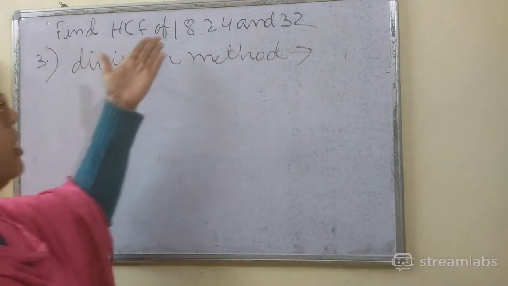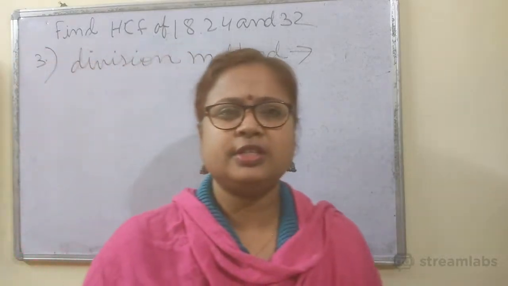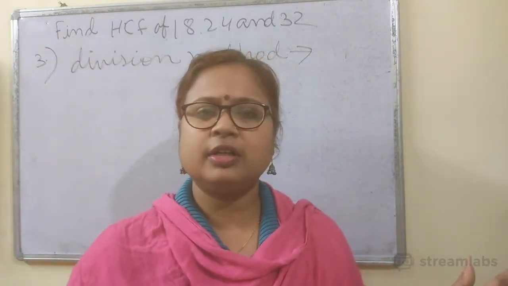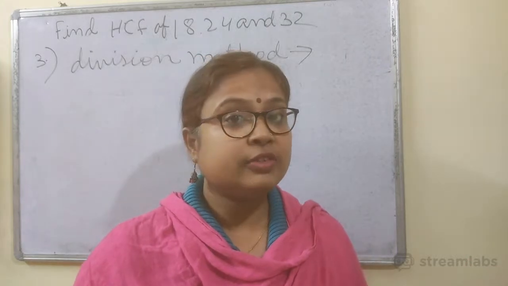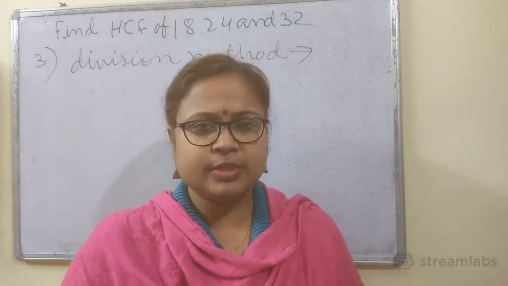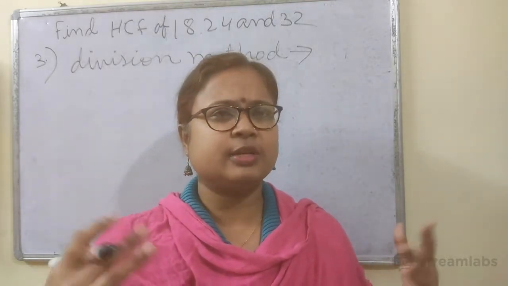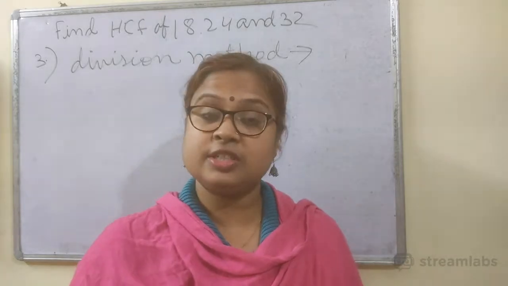So 18, 24 and 32. When two numbers are there, then it is very easy. Divide the greater number by the smaller number. But when 3 digits are there, that is why I have taken 3 numbers, because it is a little bit difficult.